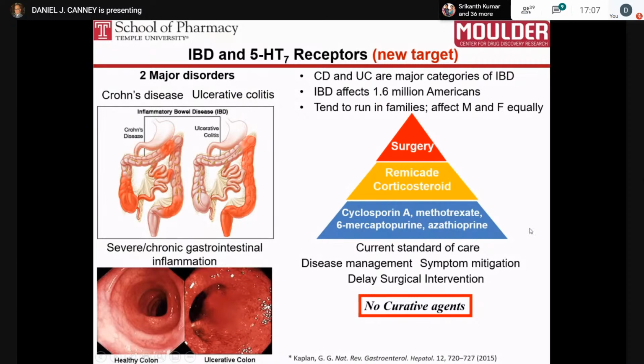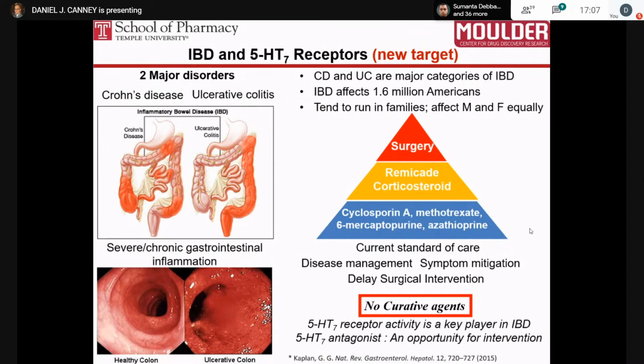So there's definitely a need for improved treatments for Crohn's disease, ulcerative colitis, and we thought that maybe 5-HT7 might be useful because there was evidence in the literature that it had a role to play in inflammation and might affect inflammatory bowel disease.